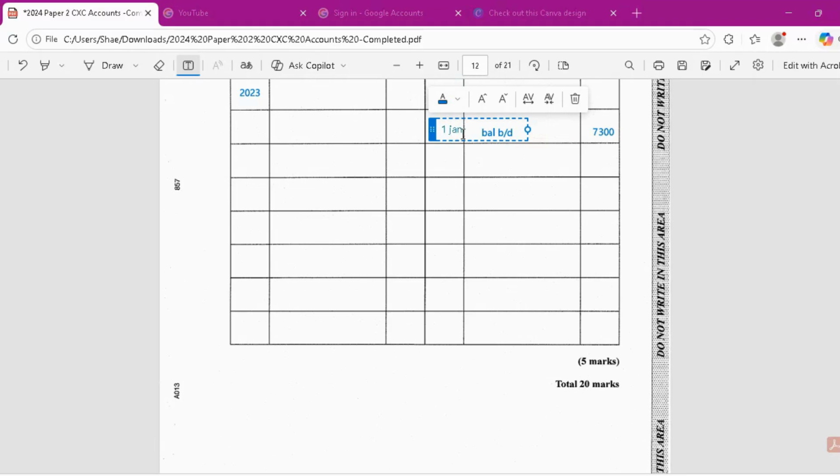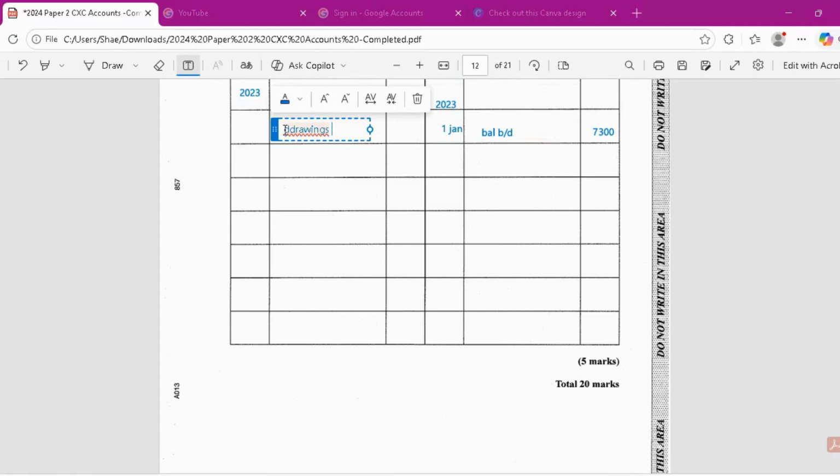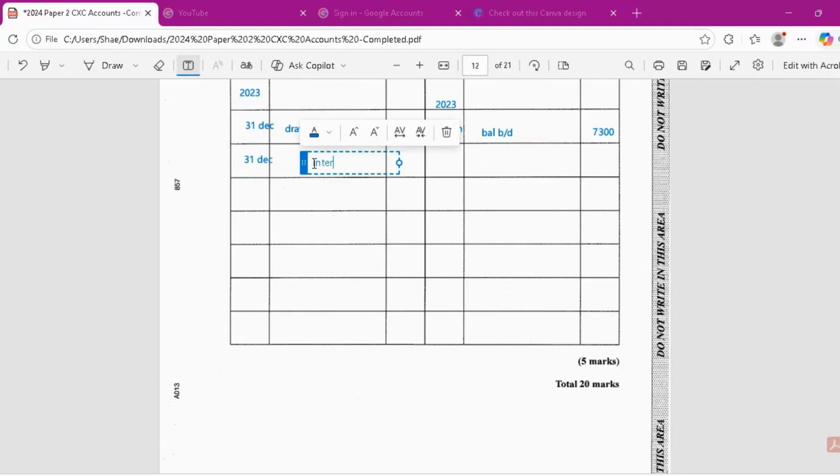Then he had drawings. So let's do our debit side first. He had drawings of 26,000. Now this, we're putting everything that is coming out of his capital on the debit side because we're decreasing his capital account.